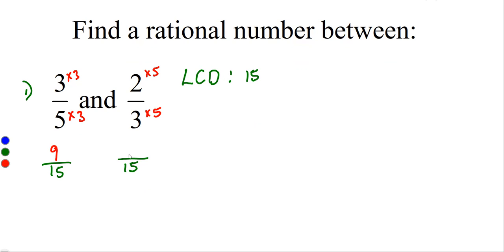Okay, you get 10. But now, is there any number between 9 and 10? We don't have. So what must we do? We must double. So let's double. Now, when we double here, we are multiplying everything by 2.